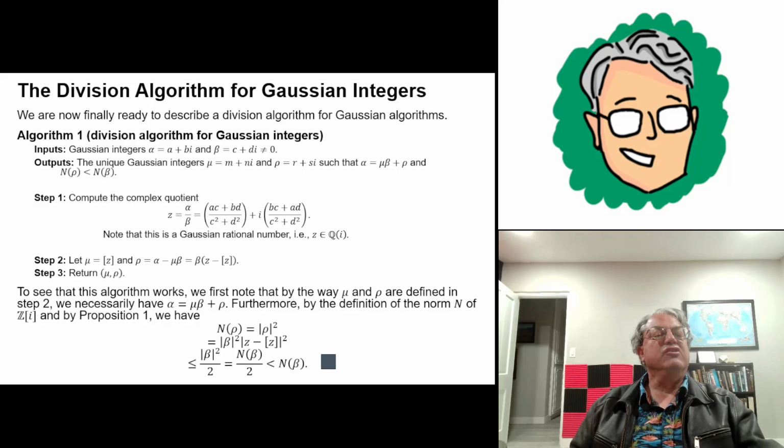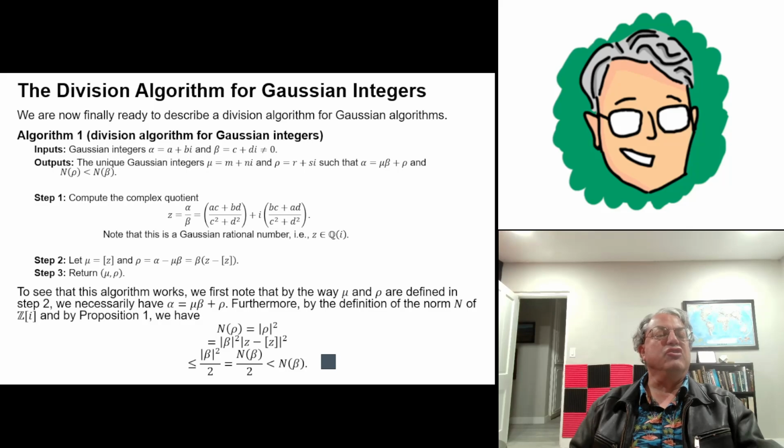And then that's step one. But then step two, we have to round z. So we let mu be z in brackets, and we have a formula for how to do that. We just find the nearest Gaussian integer to the z that we calculated above.